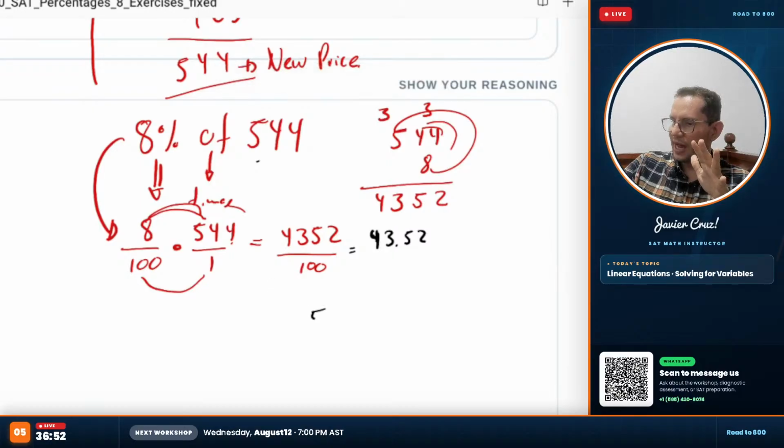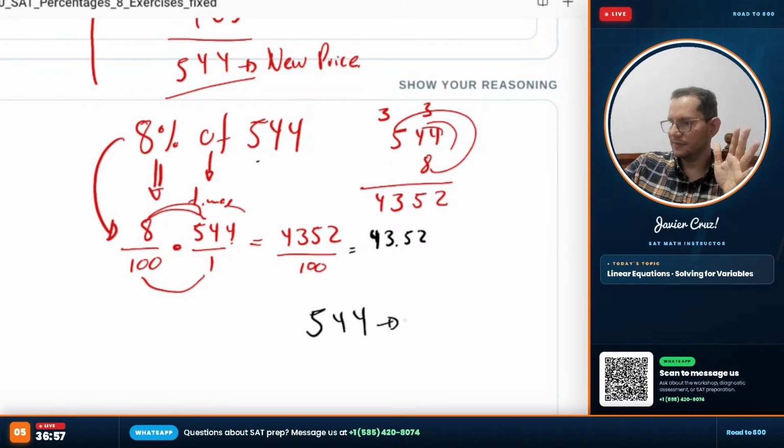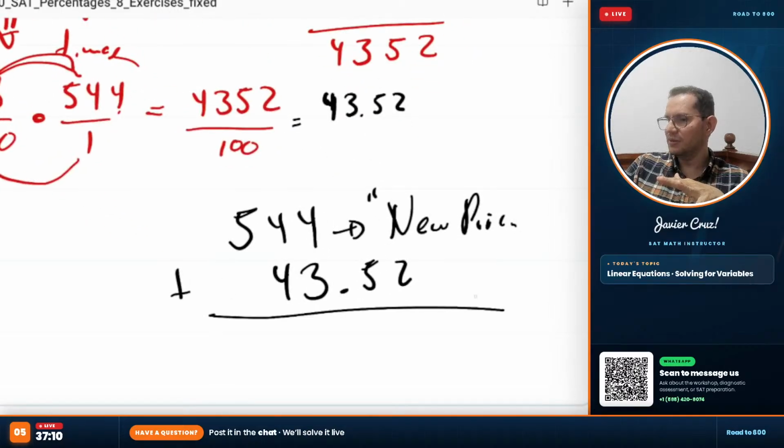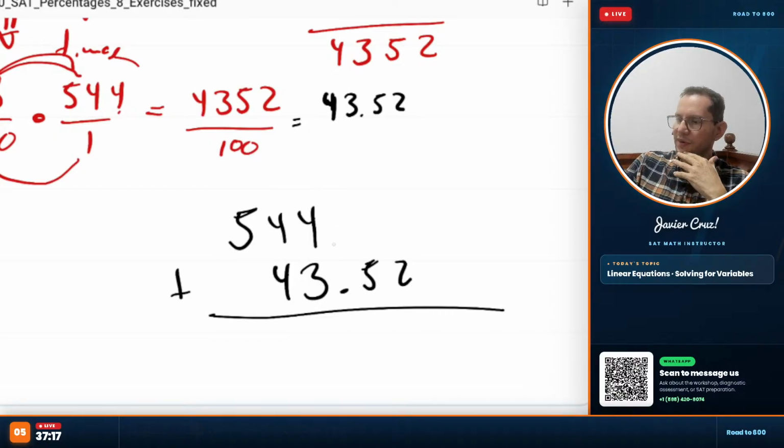So we need to add the new tax, and the tax is 43.52. Look at this, how am I adding the numbers? That number doesn't have the point here, right? So I put the point and then I locate 2 zeros to add with this other number. And then we add them.